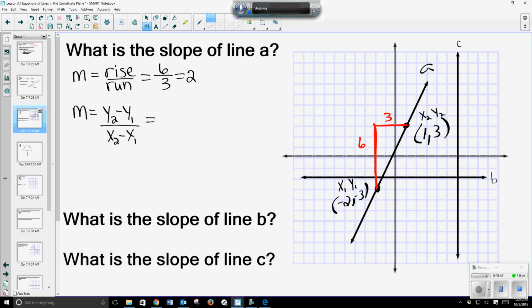So that'd be y sub 2 is 3 minus y sub 1 is negative 3, over x sub 2 is 1 minus x sub 1 is negative 2. So that would be 3 minus negative 3, which is 3 plus 3, is 6. 1 minus negative 2 is 1 plus 2, for 3. And the slope is 2. So I can get my slope either way.